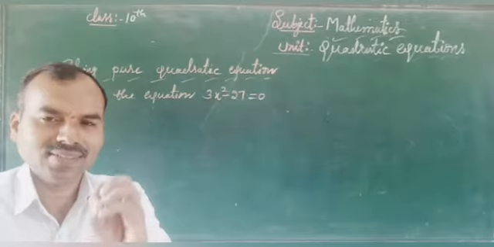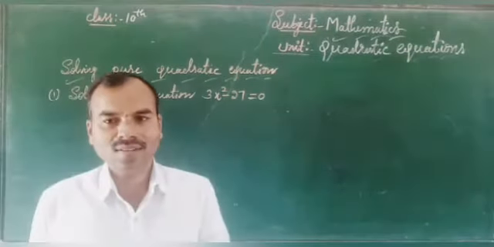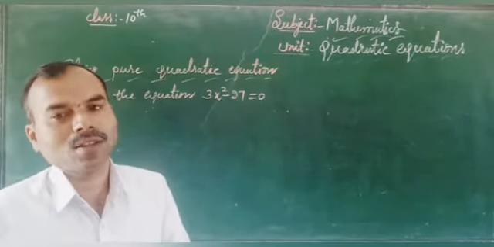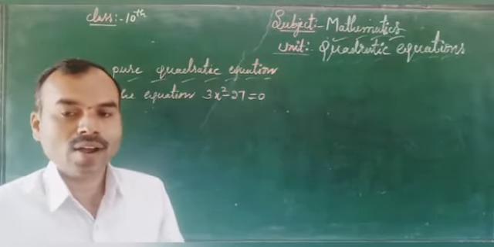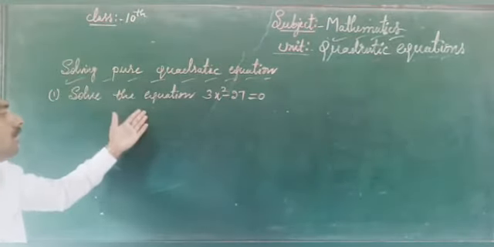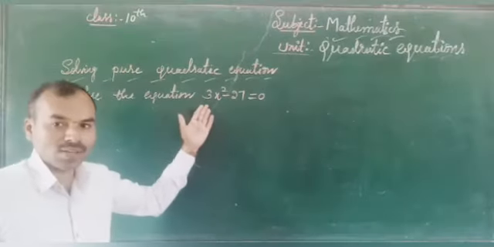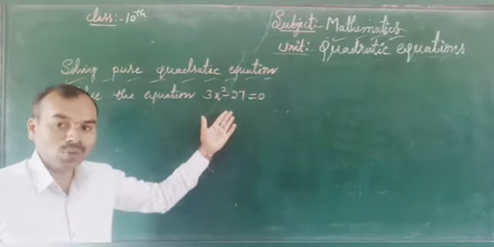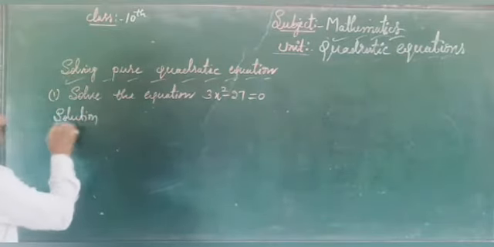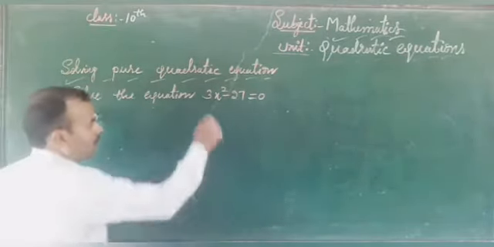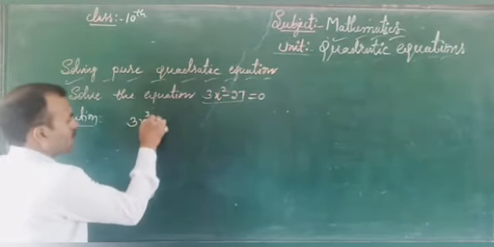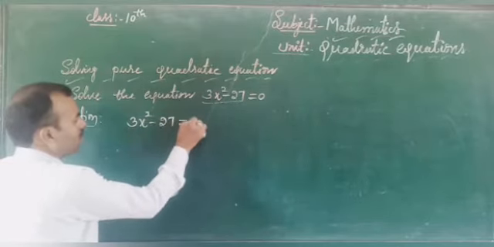Dear students, now just solve the pure quadratic equation. Next, we will discuss the problems based on affected quadratic equation. Okay, solve the equation 3x square minus 27. Solution. First, write down the given equation: 3x square minus 27 equals 0.